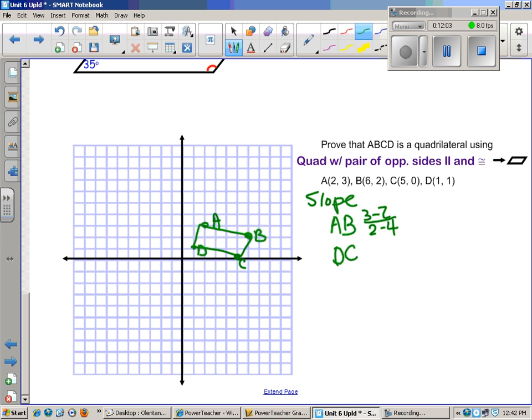So that's 1 over, oh, sorry, 6. I did the math in my head already. So that's 1 over negative 4. So the slope of AB is negative 1/4. Okay? The slope of DC is 1 minus 0 over 1 minus 5, which is 1 over negative 4. So the slope of this one is negative 1/4.